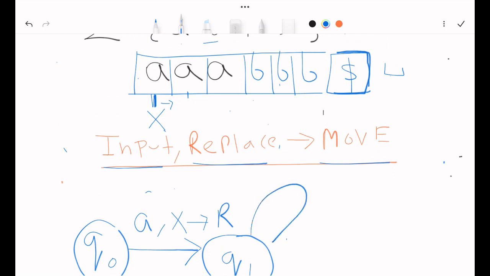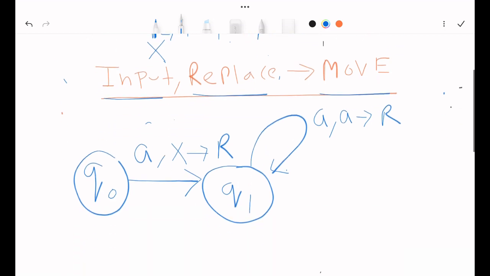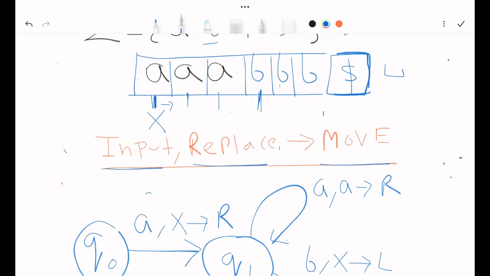So there are many A. Every A replaced by A and move right. Now B is coming. Once B is coming, B replaced by X and move left. Now I am here.